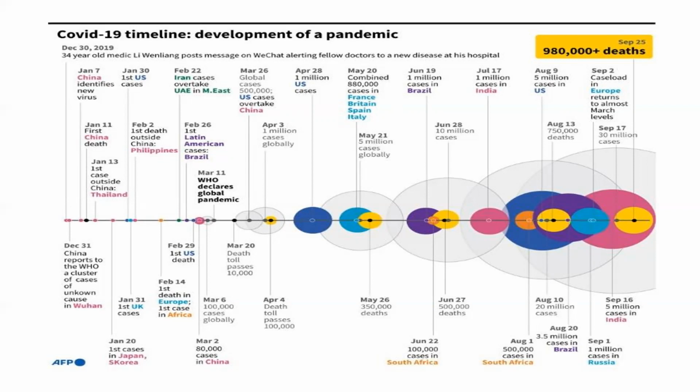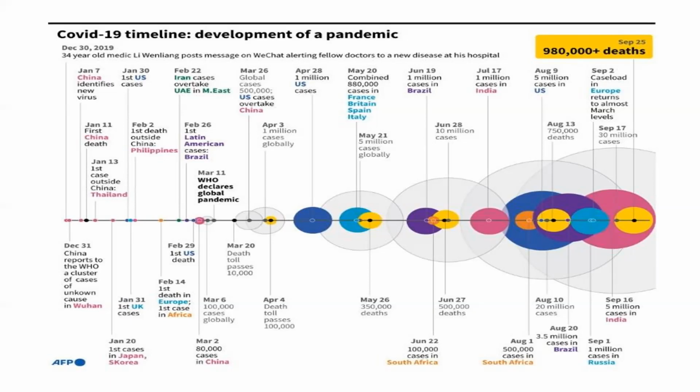From then onwards, this spread to other countries, Japan and Korea, and we had our case in the Philippines on February 2, which was the first death reported outside of China.